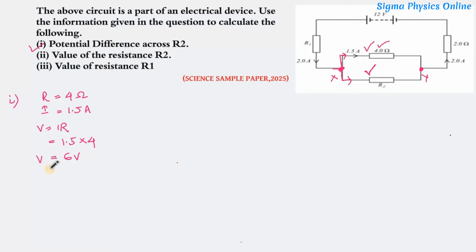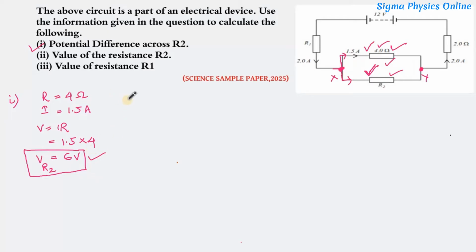So the potential difference across the resistor R2 is 6 volt, because the 4 ohm resistor is connected in parallel with resistor R2, so these two will be working at the same potential difference. So the value of the potential difference across R2 is 6 volt.